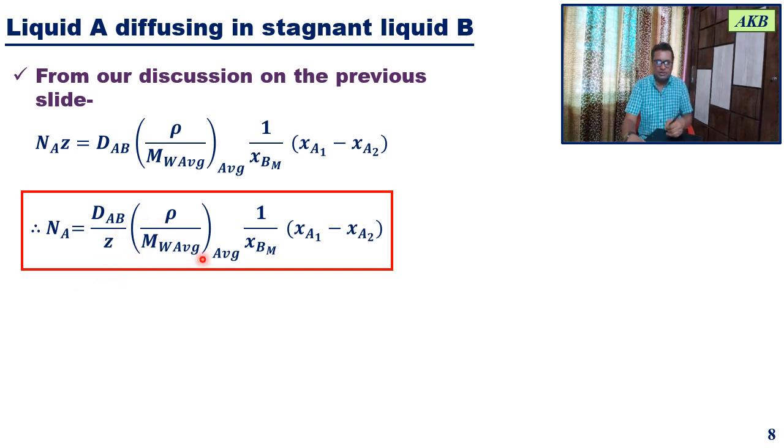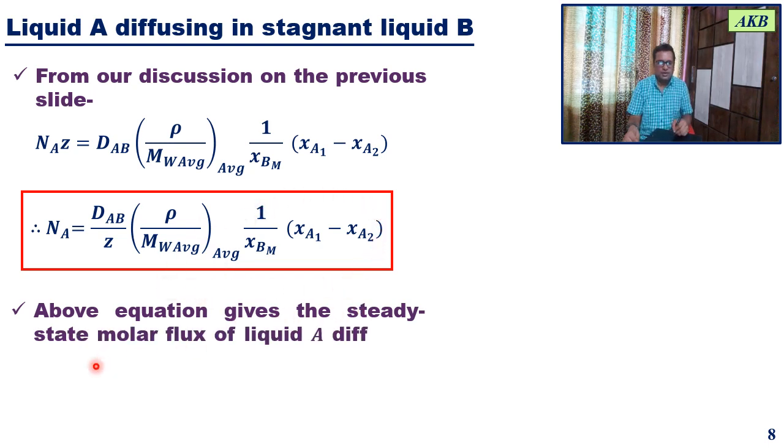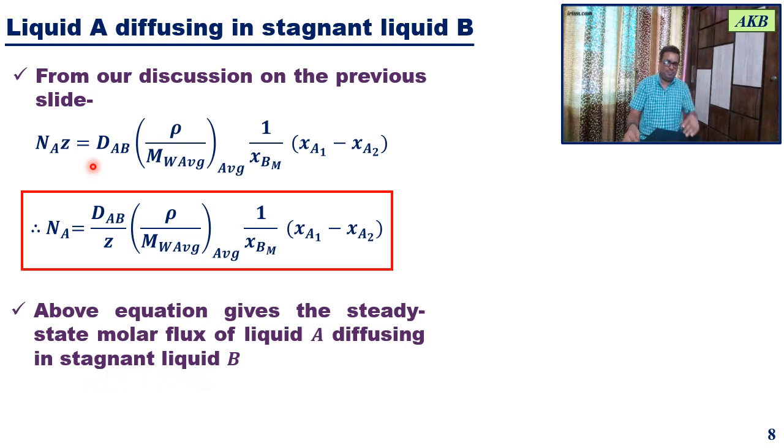I'm going to discuss numericals based on this in coming videos, you just don't worry. Okay, so the equation in this rectangular box gives the steady state molar flux of liquid A that diffuses in stagnant liquid B.